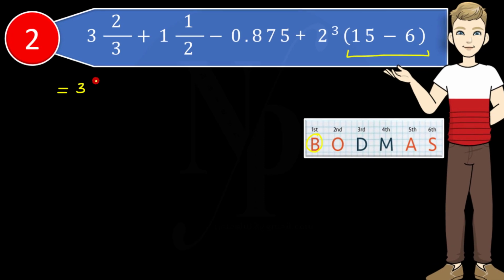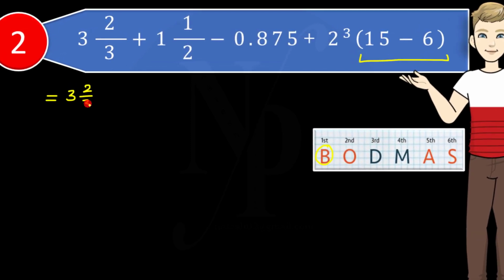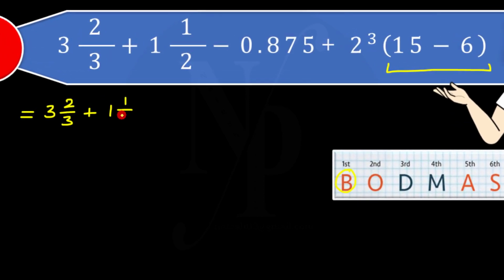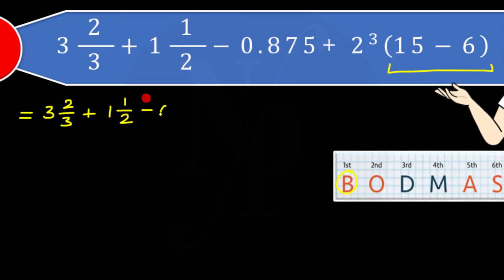So I write the other terms as they are: 3 2 by 3 plus 1 1 by 2 minus 0.875 plus 2 cube into 9, since 15 minus 6 is 9.